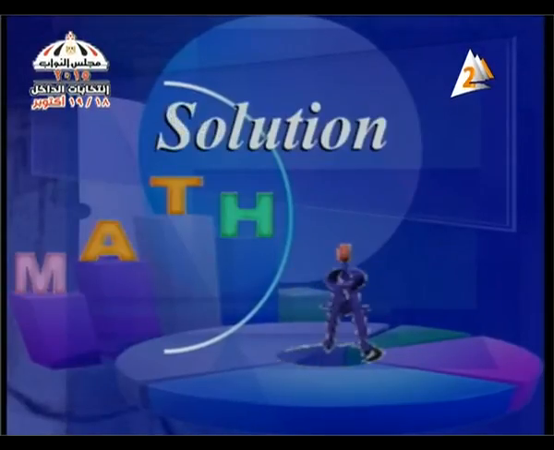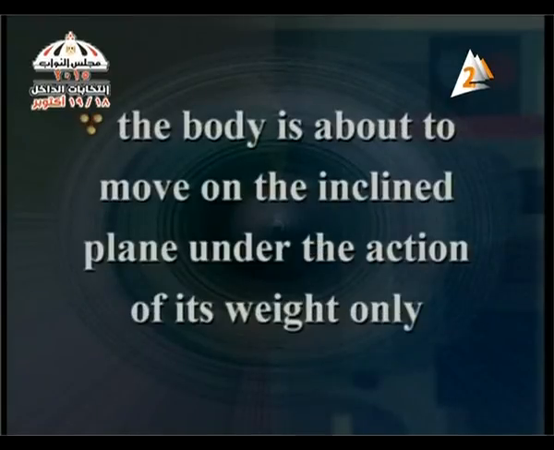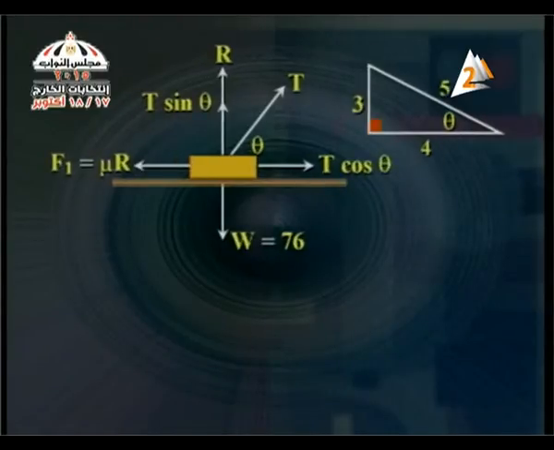Solution. Since the body is about to move on the inclined plane under the action of its weight only, therefore, as you see in the figure, we put the body on a horizontal plane, R upwards, and its weight W downwards.